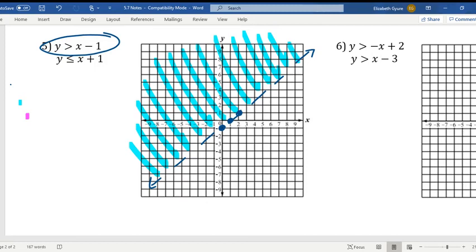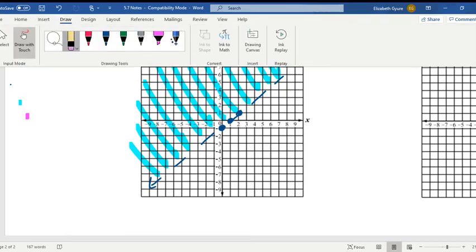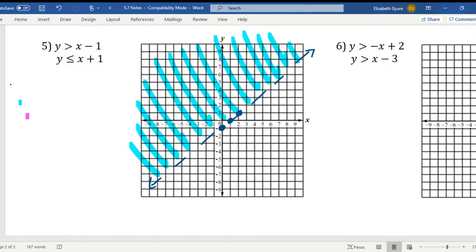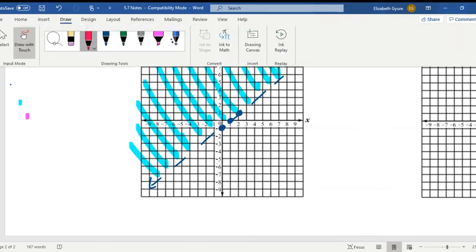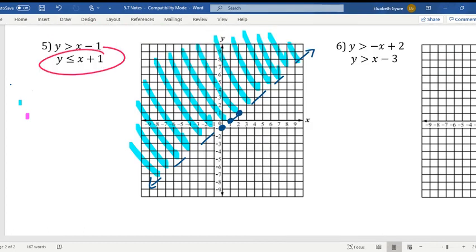So then we have y is less than or equal to x plus 1. So now for this one, Corey, what's my y-intercept? My y-intercept is 1, so put a dot at 1.